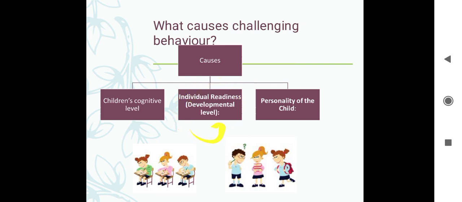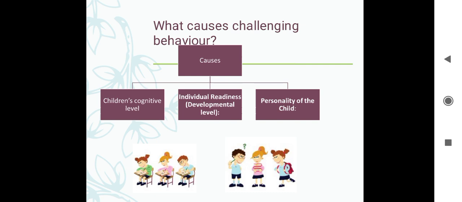Example, you ask a 3-year-old child to fill a bottle with water using a jug, and it all spills. Why? It's not that they don't want to, or that they spill it on purpose, but because their motor skill is not capable of doing that. They are not ready developmentally; their motor skill is not fully developed yet to be able to pour water from a jar into a bottle.